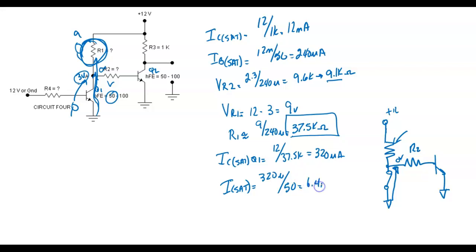That gives .4 microamps. So it's taking 6.5 microamps to run this circuit. We're getting 20 milliamps out. Well, that's a pretty good gain, right?